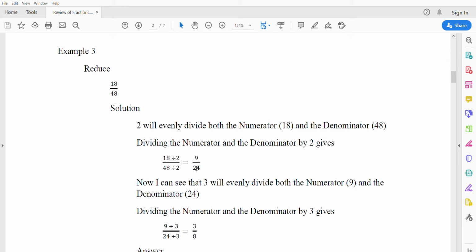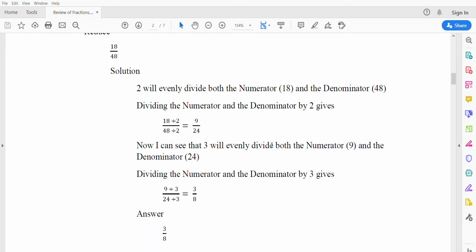So now looking at the 9 over 24, I notice that 3 can divide evenly into both 9 and 24. So dividing top and bottom by 3, 9 divided by 3 is a 3, and 24 divided by 3 gives me an 8. And the only number that will divide 3 and 8 evenly is a 1, so my answer is 3 over 8.